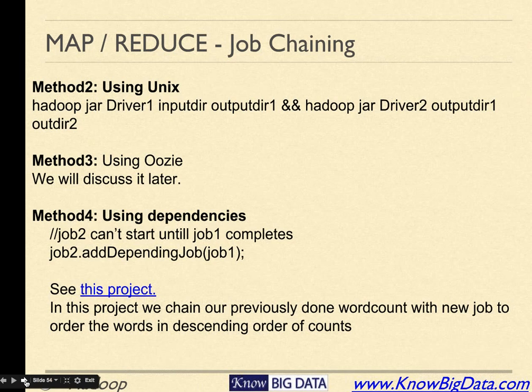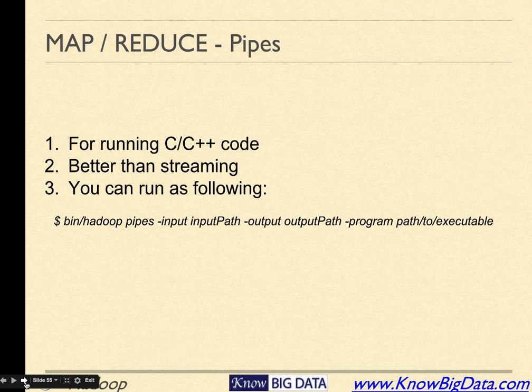All right, there is another concept. One way of executing MapReduce was using streaming. The second way was using normal Java code. Streaming was nothing but internally using the usual MapReduce. Now, Hadoop has also provided another way of executing jobs via pipes.